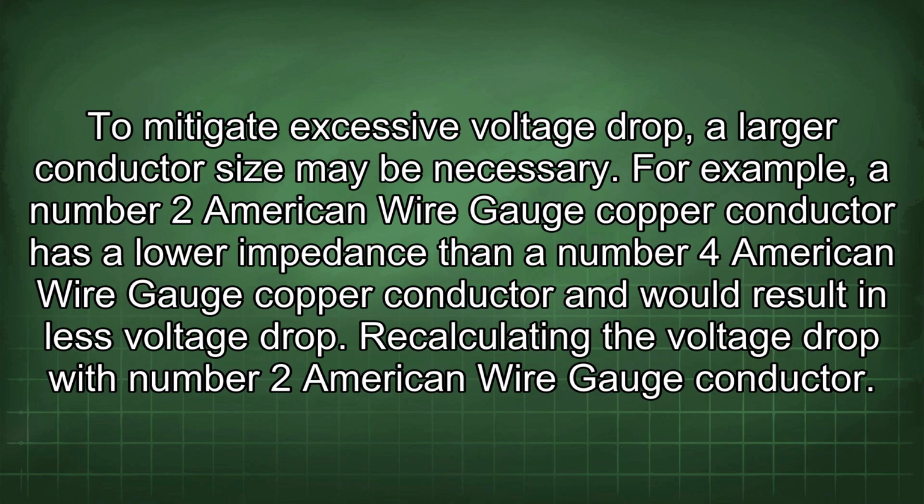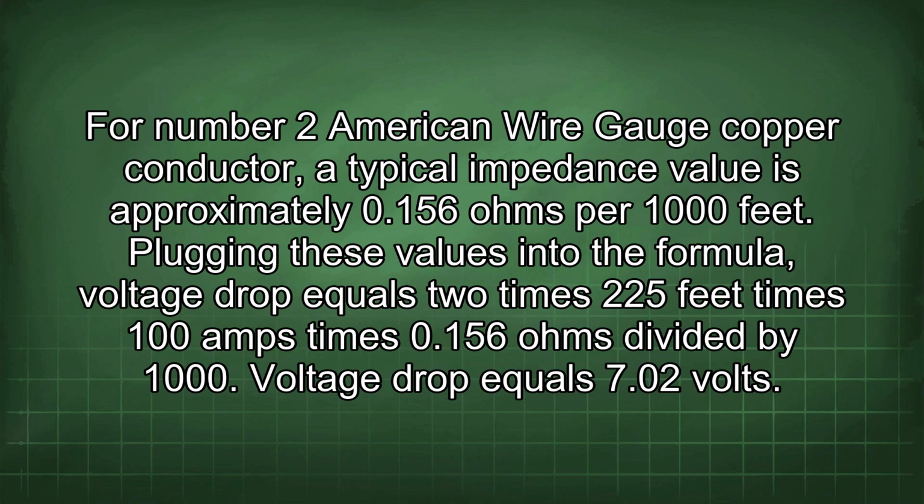Recalculating the voltage drop with number 2 American wire gauge conductor, a typical impedance value is approximately 0.156 ohms per 1000 feet. Plugging these values into the formula, voltage drop equals 2 times 225 feet times 100 amps times 0.156 ohms divided by 1000. Voltage drop equals 7.2 volts.